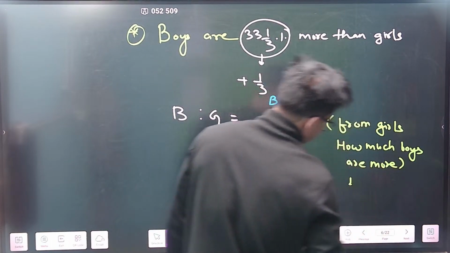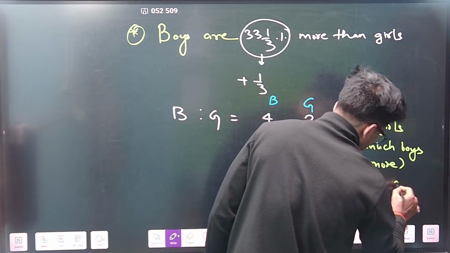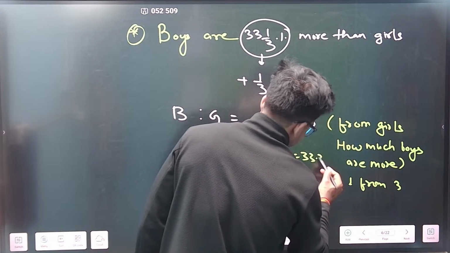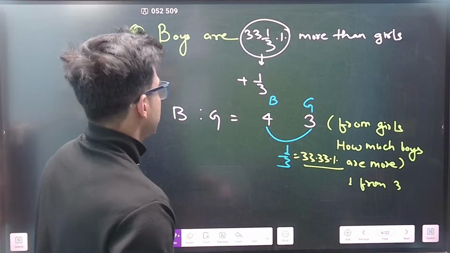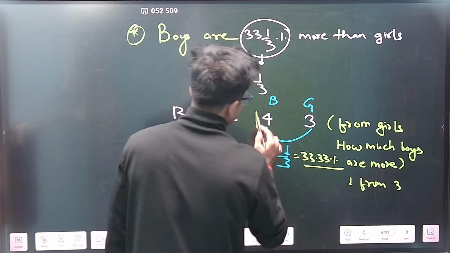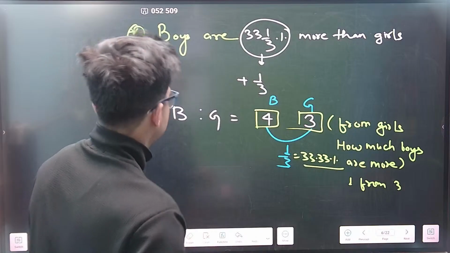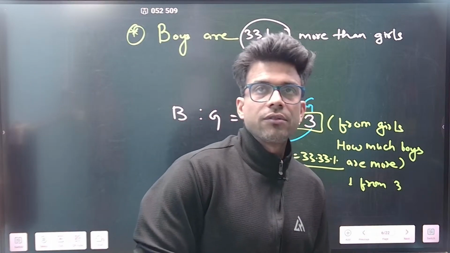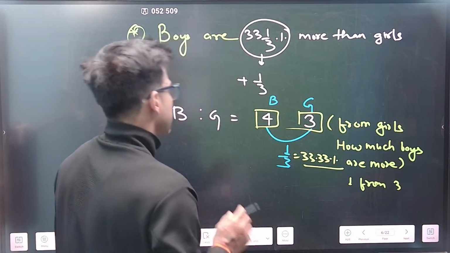Then you can write from 3, which is 1 by 3, which is 33.33%. Correct? So logically you can understand how this question is getting solved. I hope this is clear. These are the basic things that every one of you should know. Now, in percentage, if you know this, you can solve multiple questions.